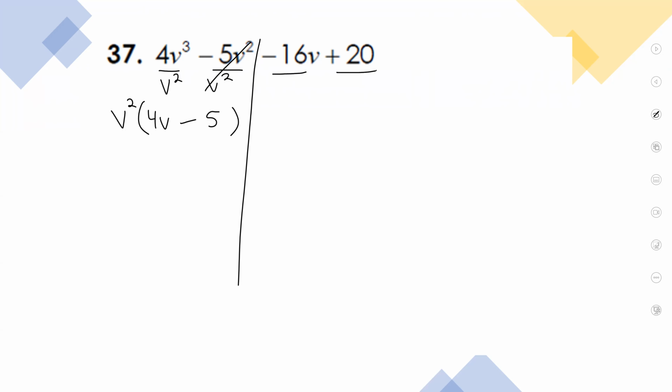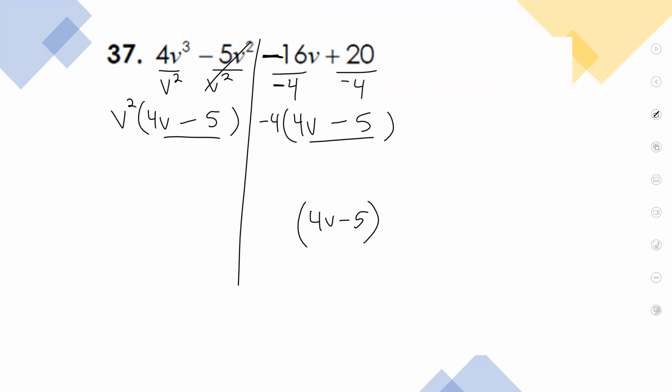What can these two both be divided by? Four. Not just 4, negative 4, because if this is negative, let's make it positive. So negative 4 will be on the outside. This will become 4V minus 5. Notice these match.